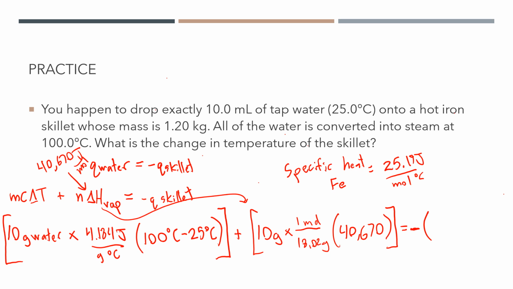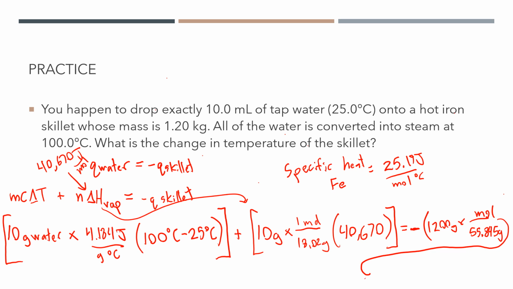So we have 1.20 kilograms. That's gonna be 1,200 grams. So 1,200 grams. Divide that by the molar mass of iron, which is 55.845 grams per mole. And then I'm running out of room here, so just draw that arrow there.